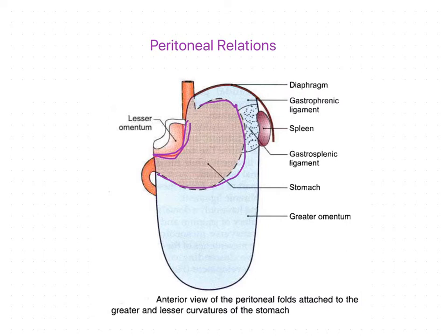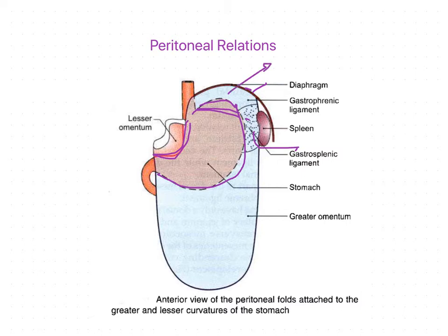If you see near the fundus, as we know that this is the fundus, isn't it? Near the fundus, the two layers meet to form the gastrosplenic ligament. Near the cardiac end, the peritoneum on the posterior surface is reflected to the diaphragm, and it is called the gastrophrenic ligament.